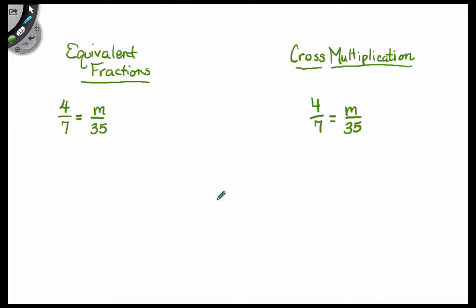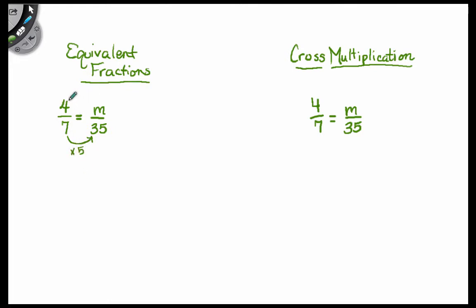So for the equivalent fractions example, we started with 4/7 is equivalent to m over 35. All we had to do for this was to see how many times 7 goes into 35. And this is where understanding your multiplication facts comes in handy. I know that 7 times 5 is 35.